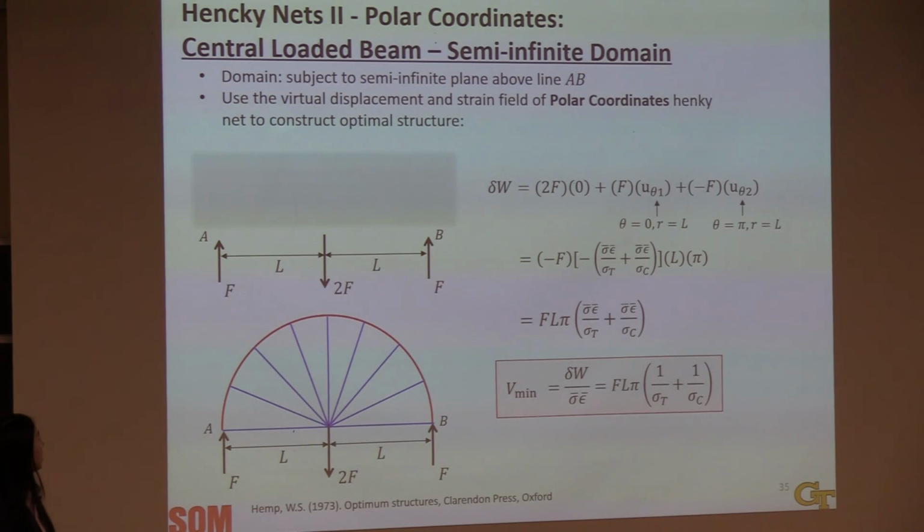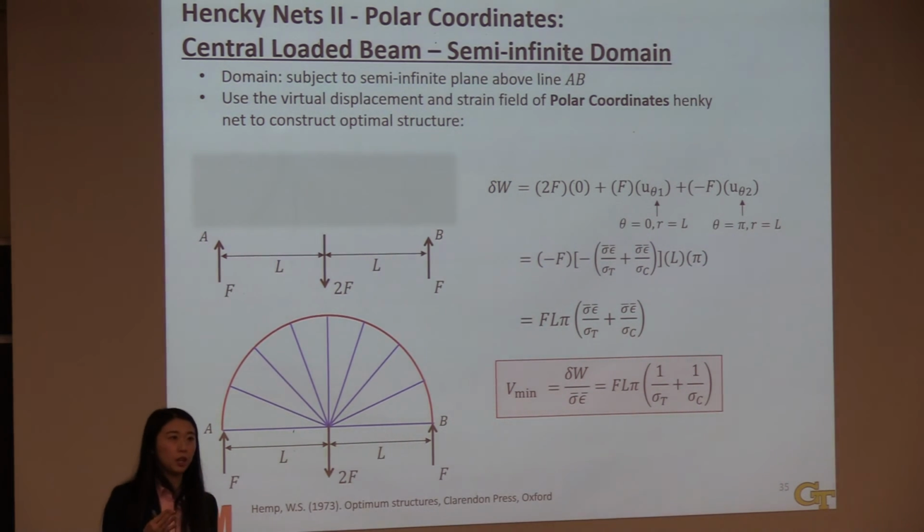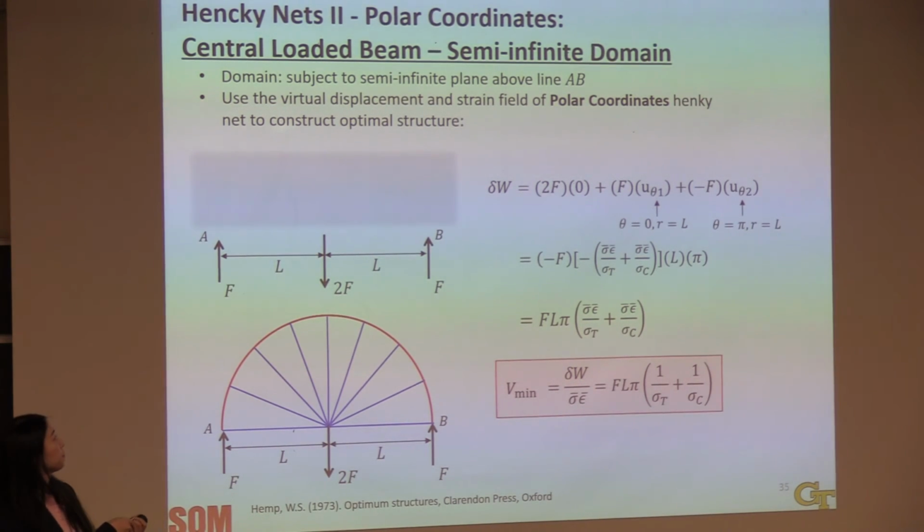So for this given set of boundary conditions and load, we want to make use of the polar coordinate in this case. And all you need to do is, we already obtained the virtual strain field in the polar coordinate, and now we just plug into the external virtual work.